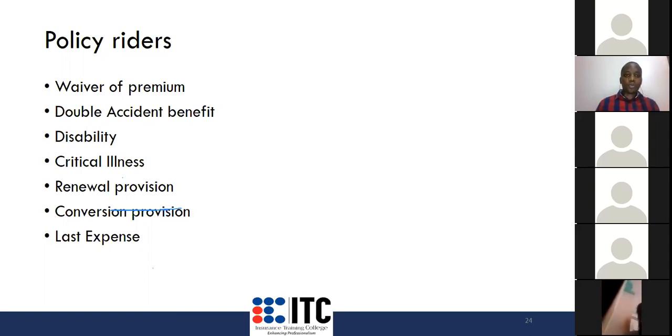So this is to restore that particular purpose. So the insurance company exercises its rights of subrogation by gaining rights to the salvage and even pursuing a third party in the event that the third party has actually caused the accident.